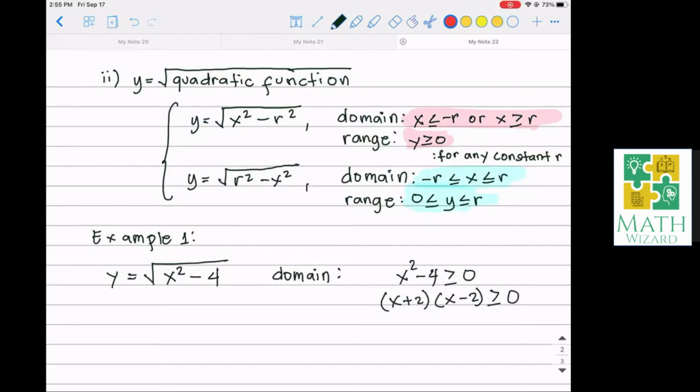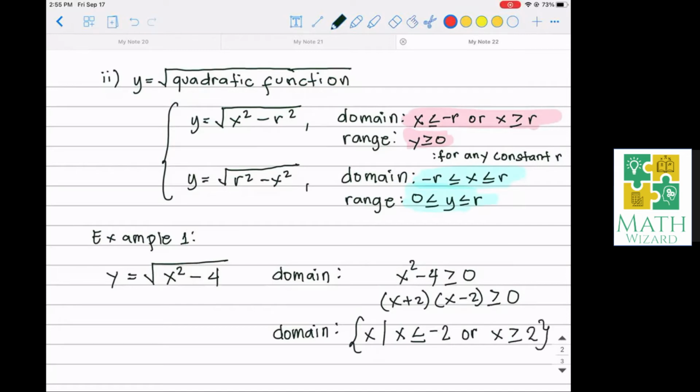Therefore, the value of our domain would be, for any value of x, such that x is less than or equal to negative 2, or x is greater than or equal to 2.